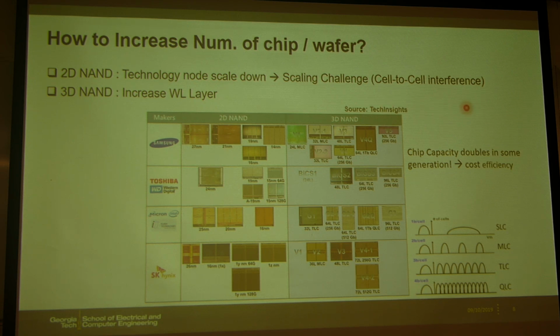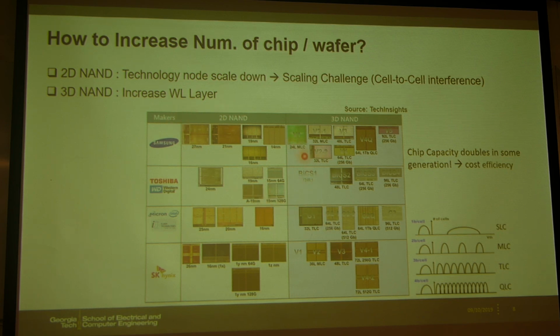But anyway, all companies gave up developing 2D NAND at this point, and all companies converted to 3D NAND technology. In 3D NAND technology, the way is to increase the word line layers.